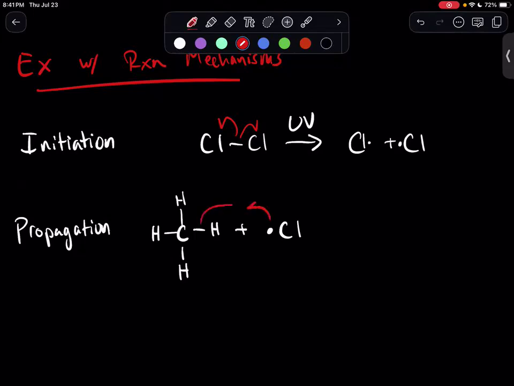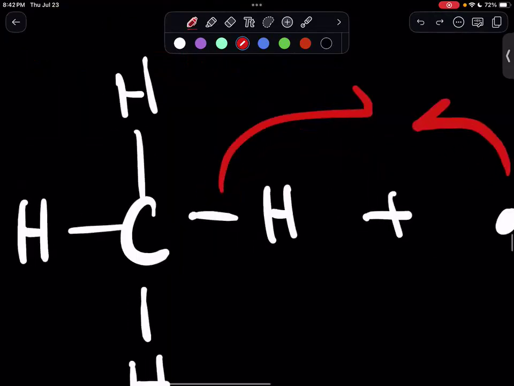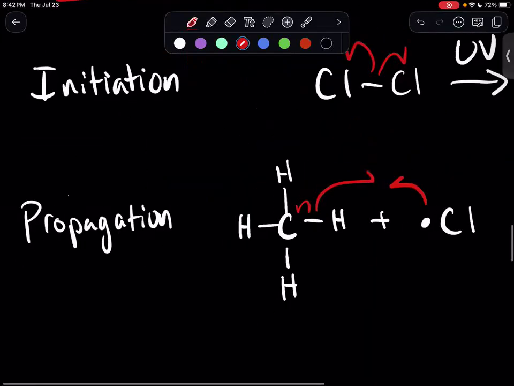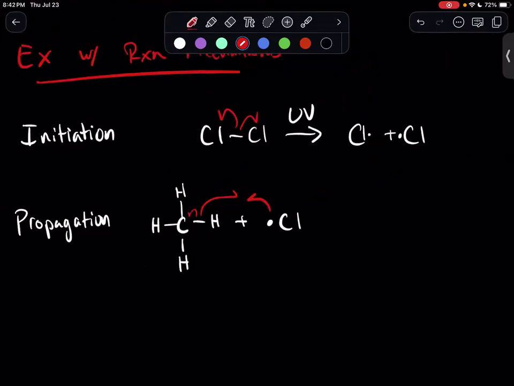This radical will react with a bond in between the carbon and hydrogen. By doing that, it's going to force one of those electrons out of the bond. The other electron left in the bond will then move on to the carbon. You'll notice I specifically make my arrow go from the bond onto the carbon. That shows us that the electron will stay on the carbon, not any of the other hydrogens.